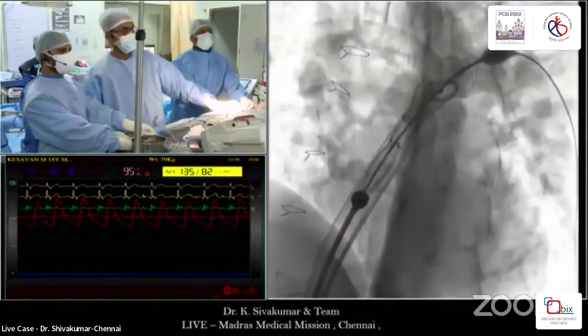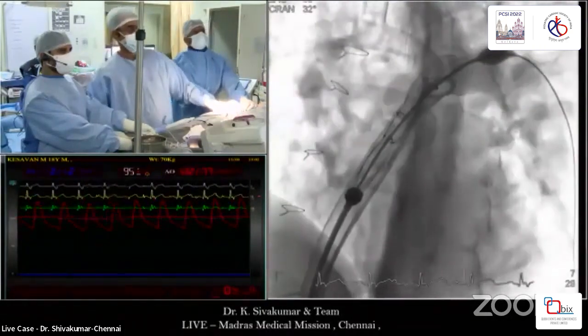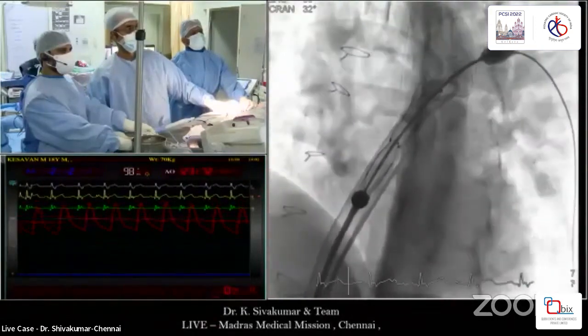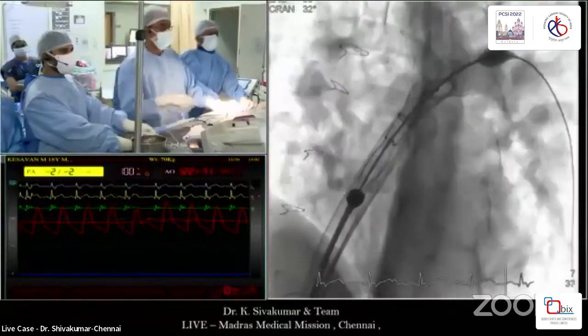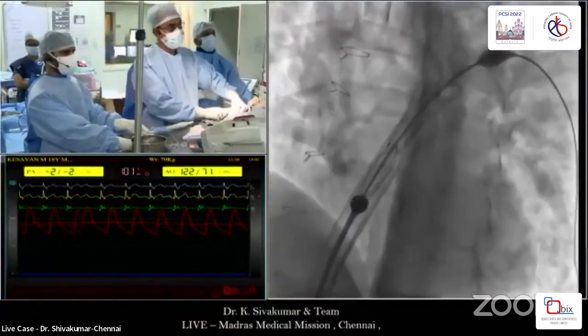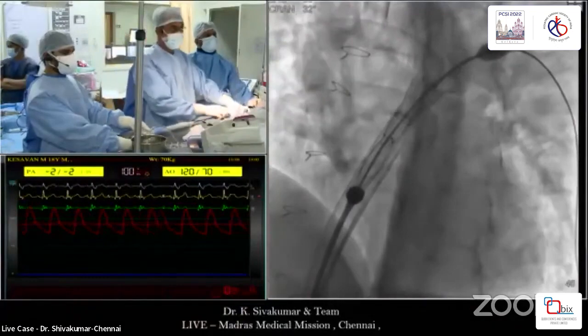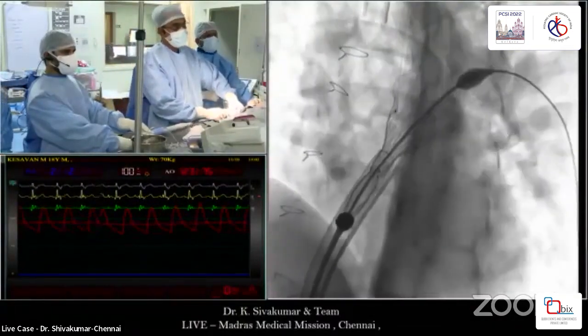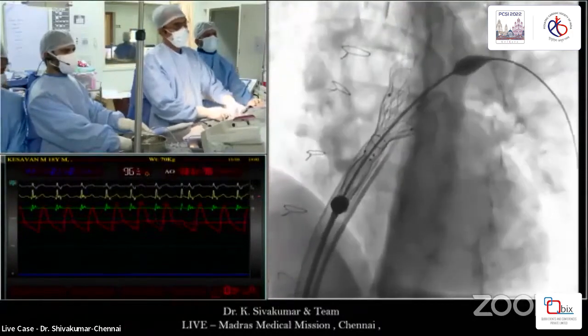Dr. Bharat, you had some question to ask. No, the second question I had in mind was, when do you actually unsheath the valve? At what stage? See, now itself, my Cook sheath is actually 50% supporting. Now you see that I am going to withdraw the Cook sheath back.